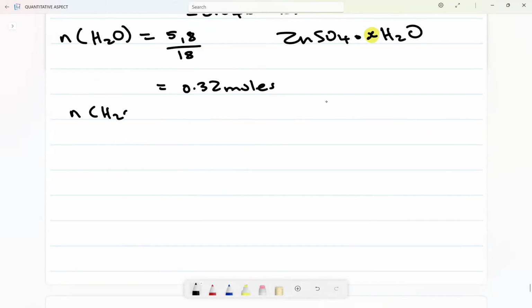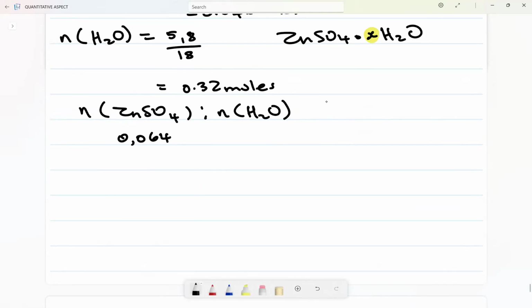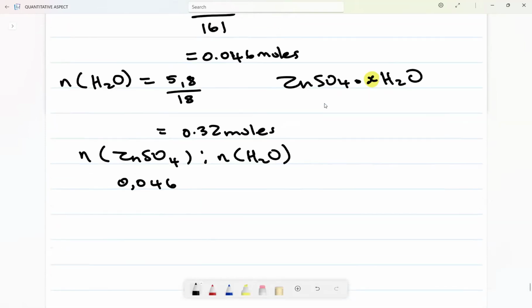Number of moles of ZnSO4 is to number of moles of H2O, just the same as we use for empirical formula. So this one is just 0.046, so not 0.064, remember it is 0.046 there.